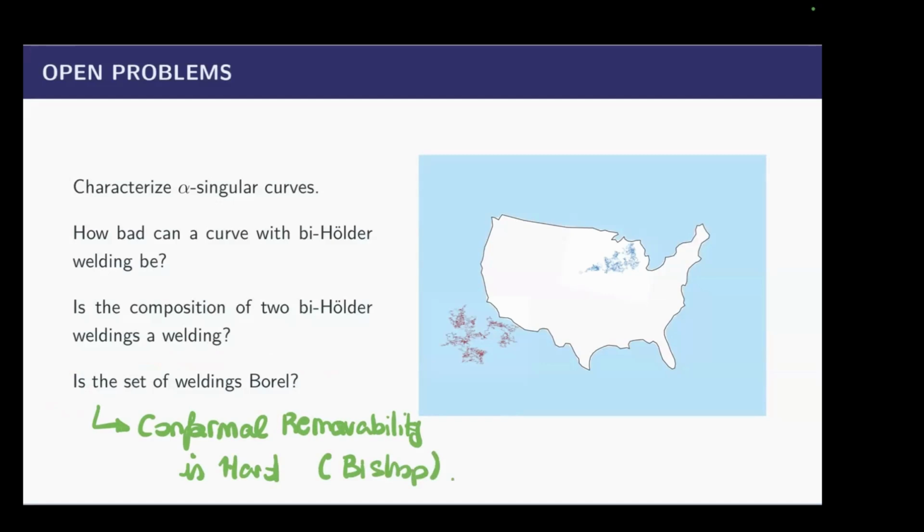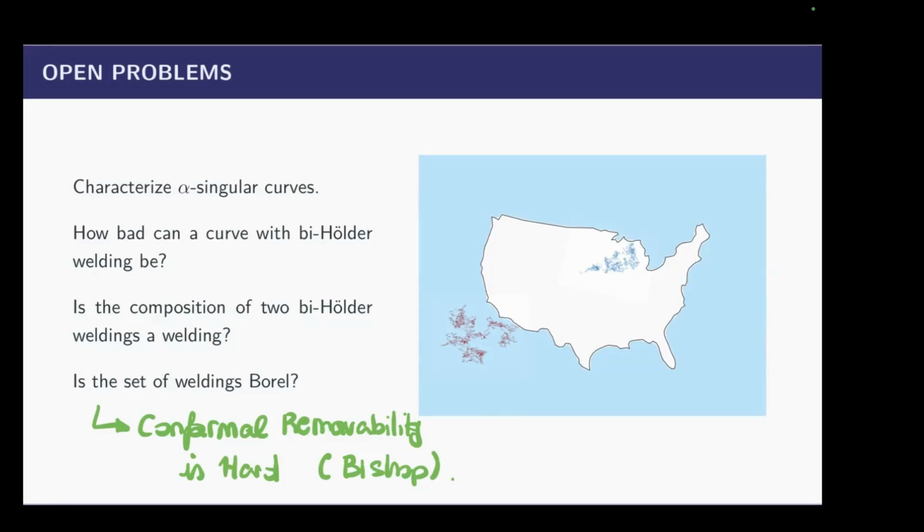And there are some other problems that would be, in my opinion, very interesting. For instance, in my theorem, which is that every circle homeomorphism is a composition of two conformal weldings, I need to use very badly behaved weldings. I need to take log singular weldings, which are very badly behaved circle homeomorphisms.